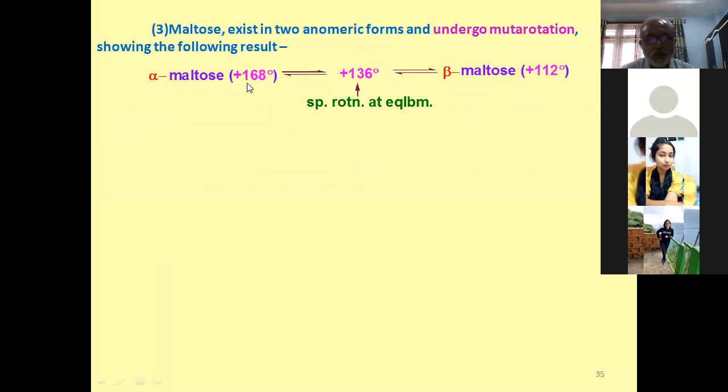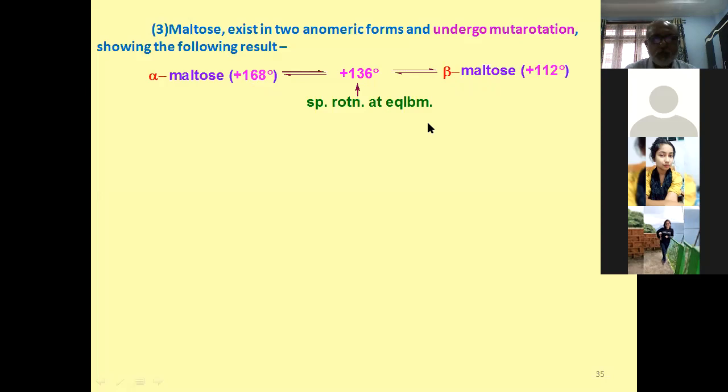For alpha maltose, 168 comes down to 136. For beta maltose, the specific rotation goes up and becomes steady at 136. We have seen the same thing with glucose, but here it is with maltose. I think we have also done a problem related to this change. So this is the phenomenon of mutarotation.